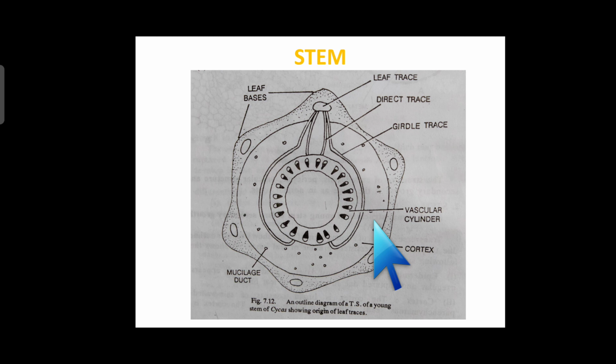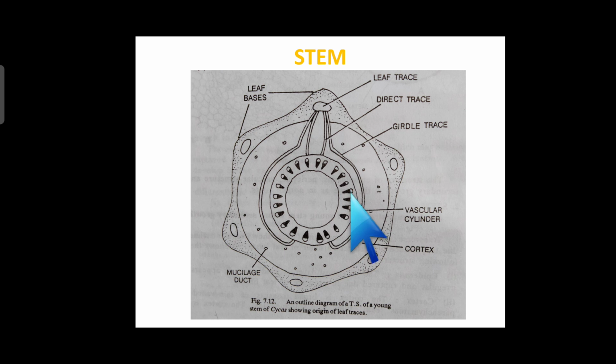Alright, so just remember that the primary xylem consists of the spiral thickenings, whereas the newly formed xylem, that is metaxylem, possesses scalariform thickenings. And also you see here that in between the xylem and the phloem, there is a cambium, right?